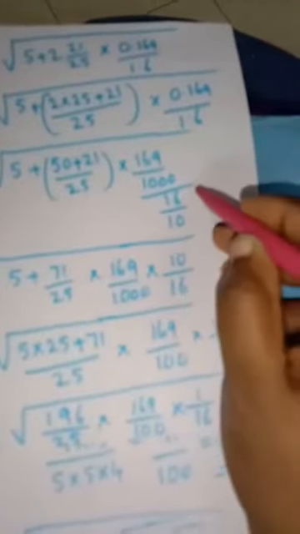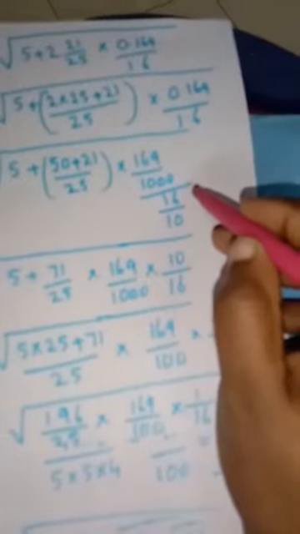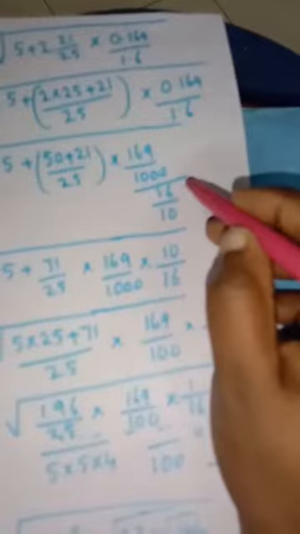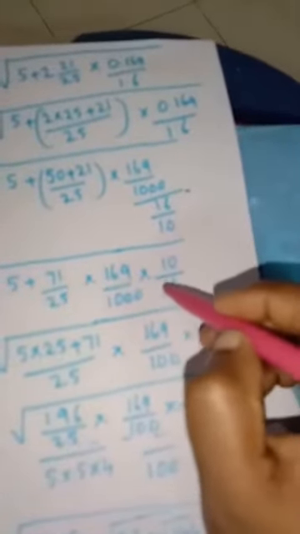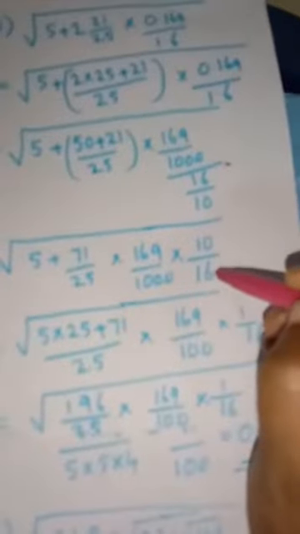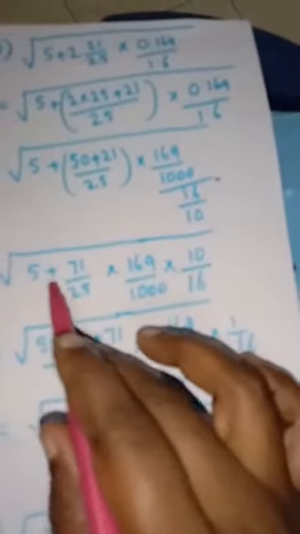Here one division is there, one more division is there. How to do two divisions? Multiply by the reciprocal. The reciprocal of 16 by 10 is 10 by 16. Now this is equal to root of, again here we want to find the LCM.